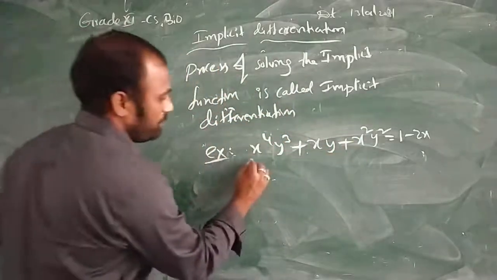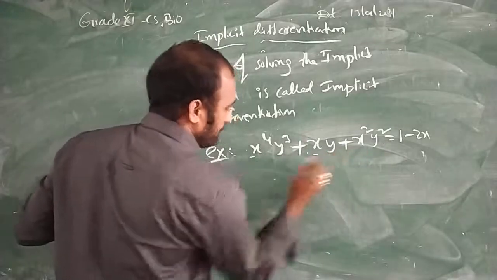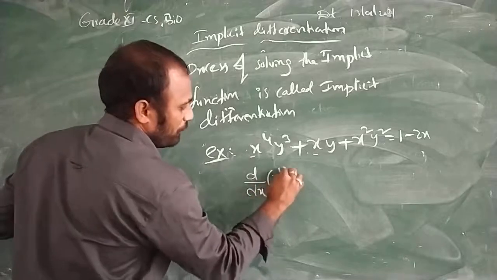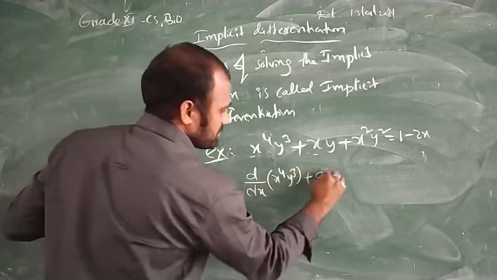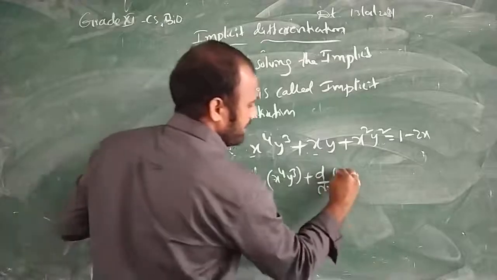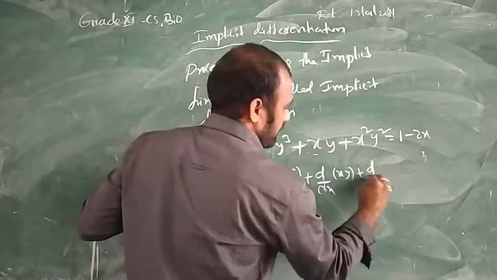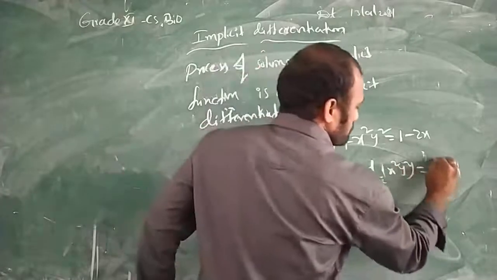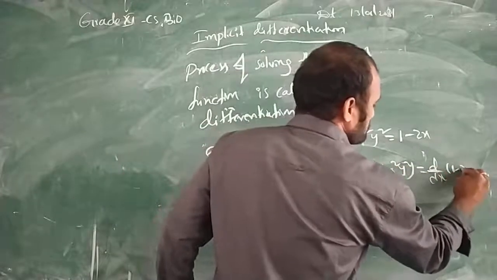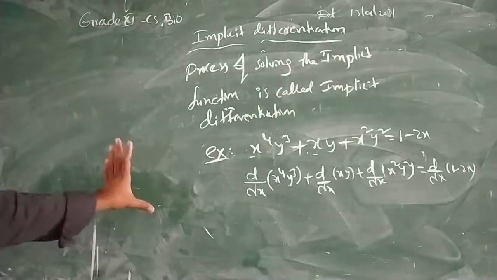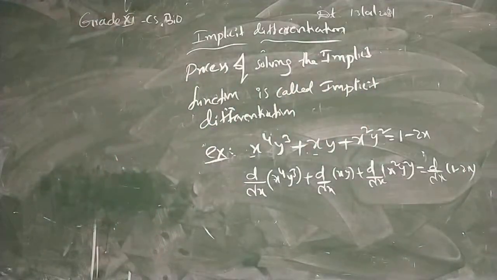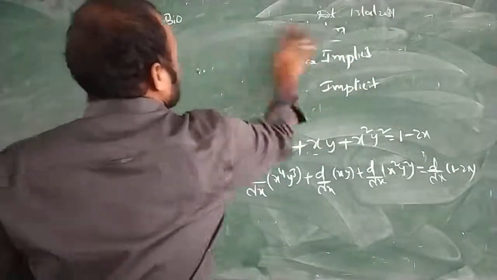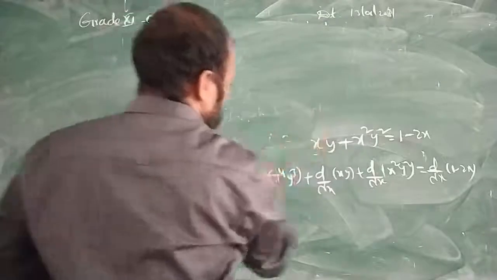So to solve this, we need to take the derivative of each and every term with respect to the independent variable: derivative of x power 4 y cube plus derivative of x y plus derivative of x square y square is equal to derivative of 1 minus 2x. This way of proceeding we call implicit differentiation. So this is about implicit differentiation.